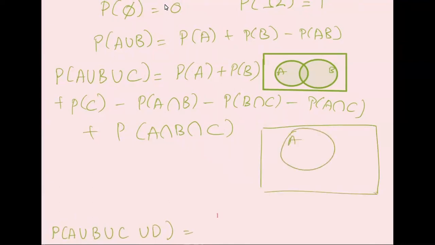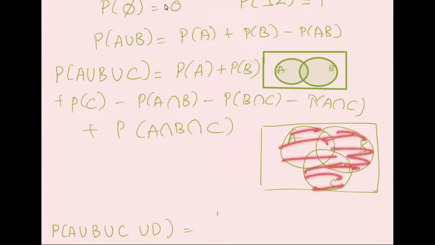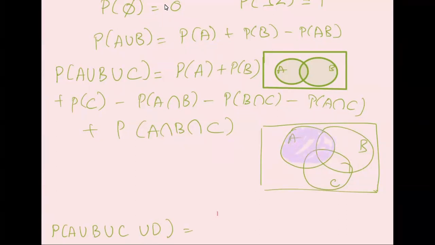Like I have A, I have B, I have C. If I want to calculate probability of A union B union C, which is the union of all the circles here, then what do I do? I first pick each circle. So I pick this circle here. I add it with this circle. And then I add it with this circle.